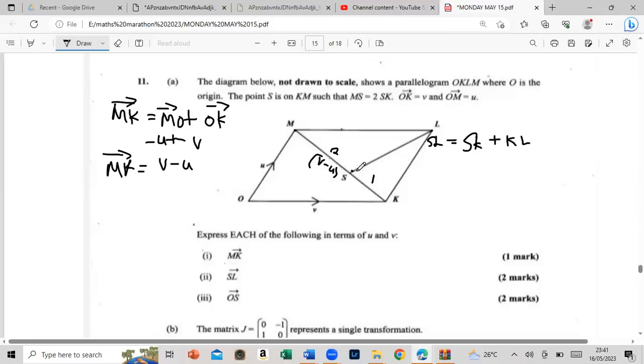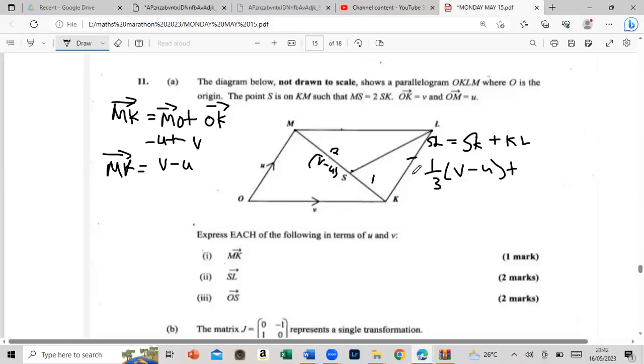Now, since the size of this is 2 and this is 1, it means it's out of 3. So this will be 1 out of the 3, because the whole is 2 plus 1. And we know that this is V minus U, so it's going to be 1/3 bracket V minus U. And then we're going to add, remember, it's a parallelogram, so this is going in the same direction.